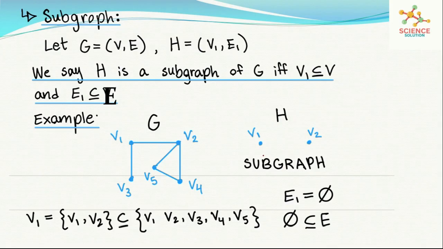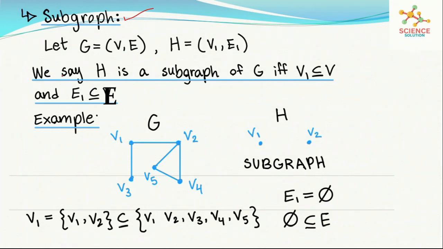In another way, definition and example of a subgraph. A subgraph can be defined as: let G be a graph of set of vertices V and set of edges E, and H is a graph of set of vertices V1 and set of edges E1.